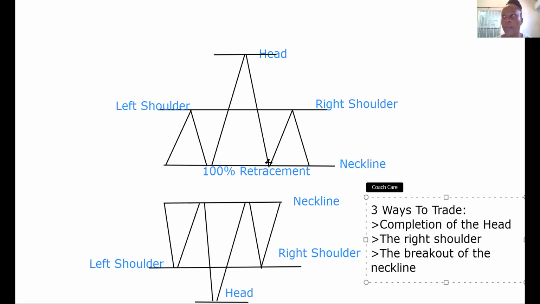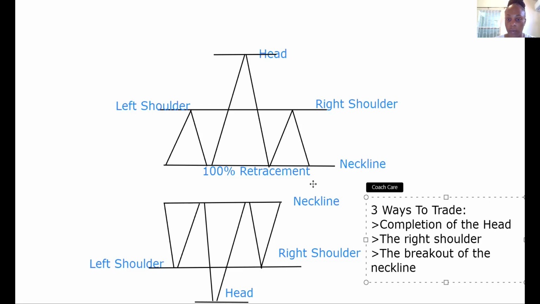I would not recommend a beginner, or someone who is now learning the pattern, to trade the completion of the head. Neither would I recommend them trading the right shoulder. For beginners, the best way to trade the head and shoulder pattern will be the break of the neckline.